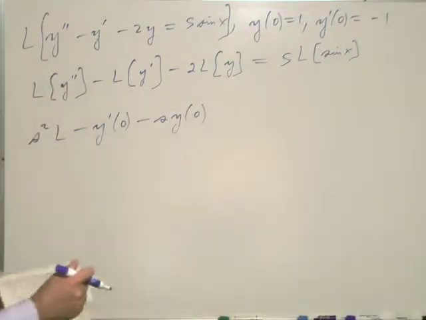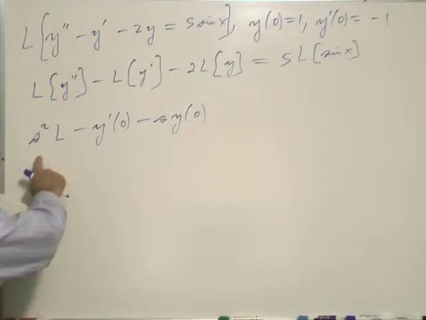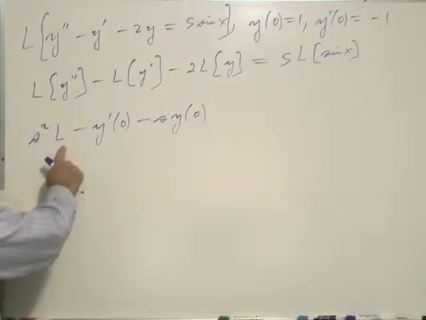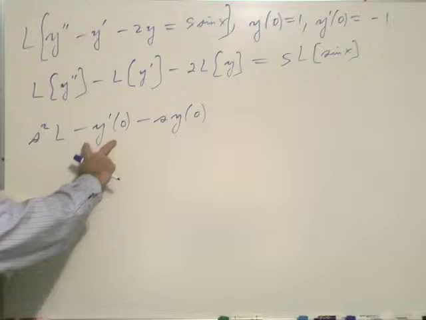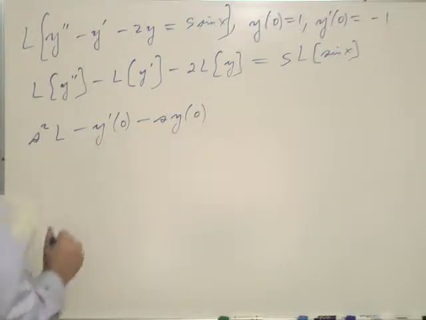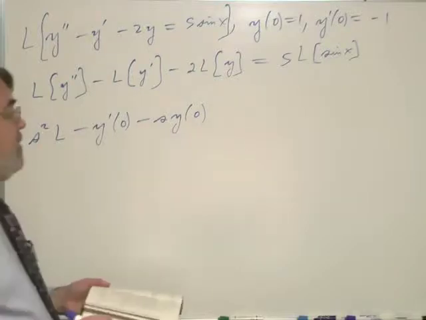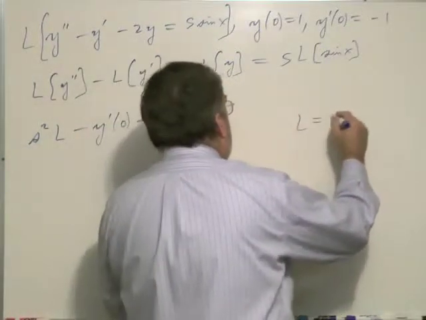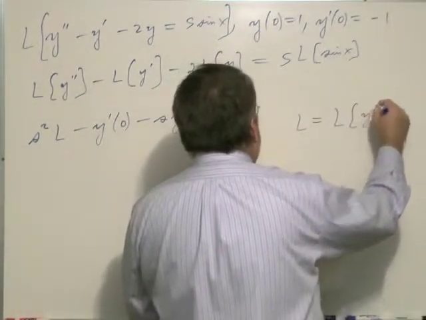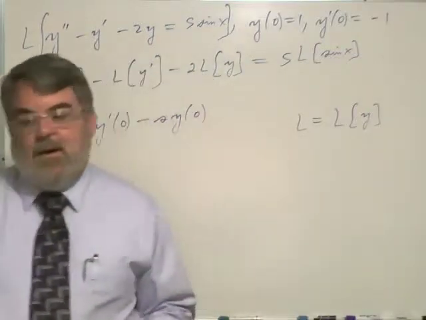L of y double prime is s squared L of y minus s times y at 0 minus y prime at 0. I'm going to take a little shortcut here and let L represent L of y, just to save us some writing.